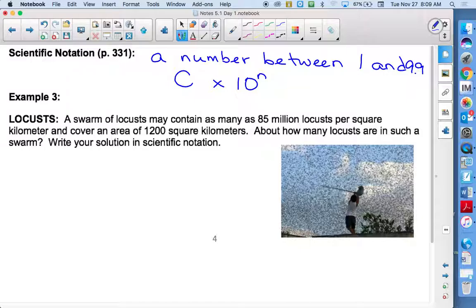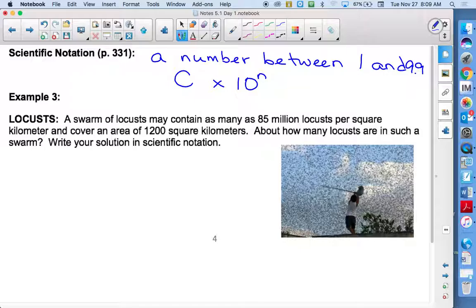So it says here, a swarm of locusts may contain as many as 85 million locusts per square kilometer and cover an area of 1,200 square kilometers. About how many locusts are in such a swarm? And then it says, write your solution in scientific notation.